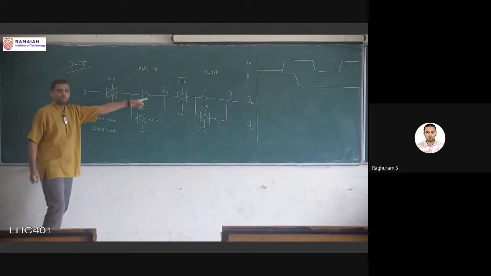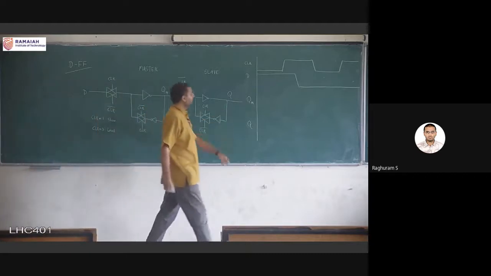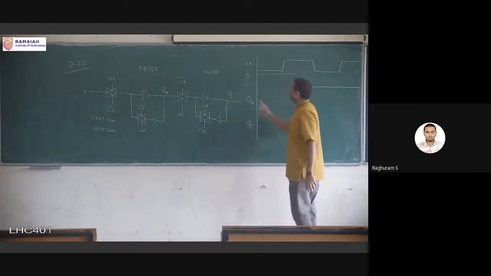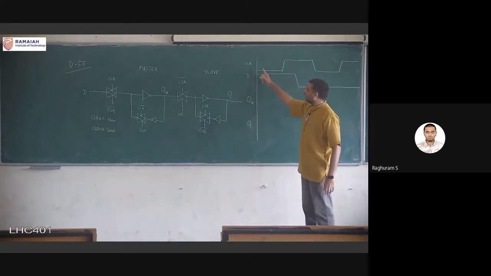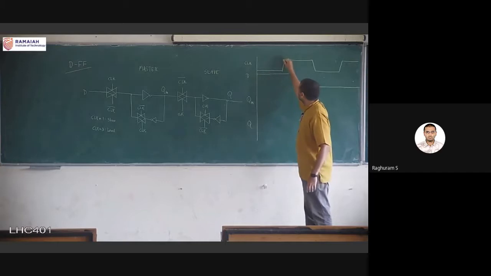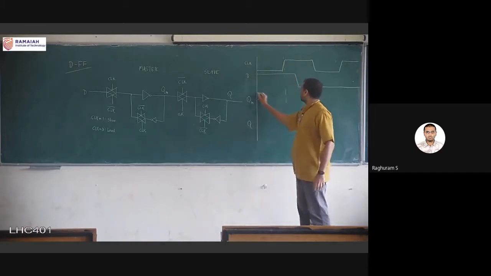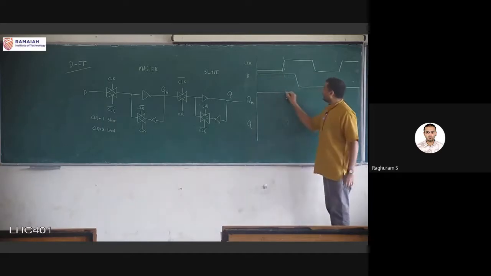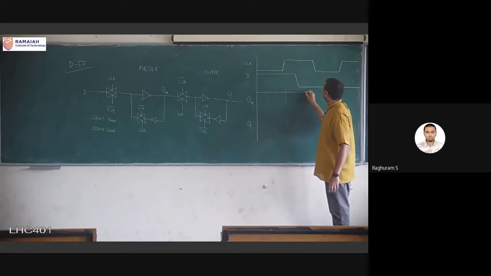I can draw QM. So when clock equal to 0, I should load. So clock is equal to 0 up to this particular point, and clock equal to 1, it is store.